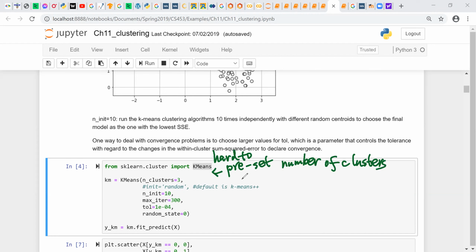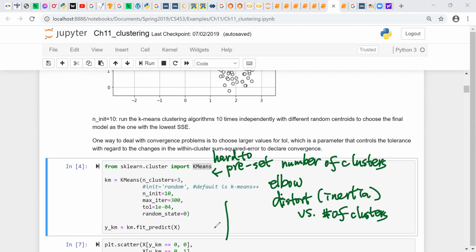So yesterday we also discussed some approaches to help find the optimal number of clusters. One is called elbow. You remember the elbow is the distortion, or we call it inertia, and its relationship with the number of clusters.